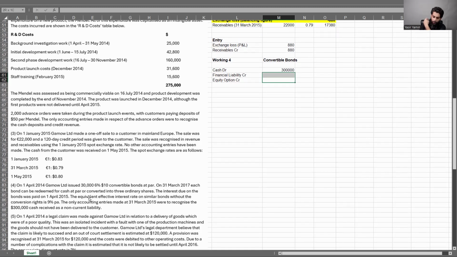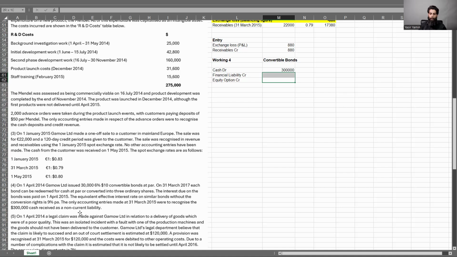The interest due on the bonds was paid on 1st April 2015. The equivalent effective interest rate on similar bonds without the conversion right is 9%. The only accounting entries made at 31st March 2015 were to recognize the $300,000 cash received as a non-current liability.